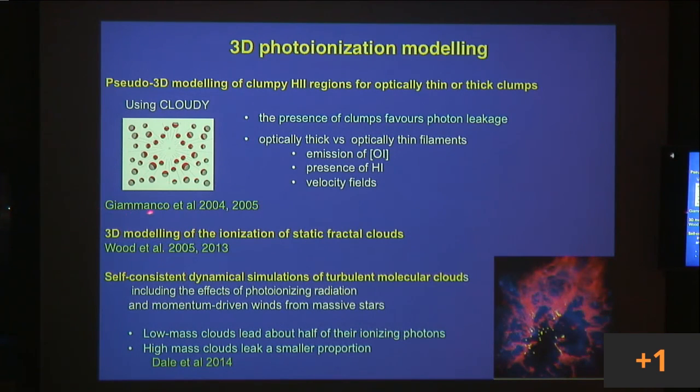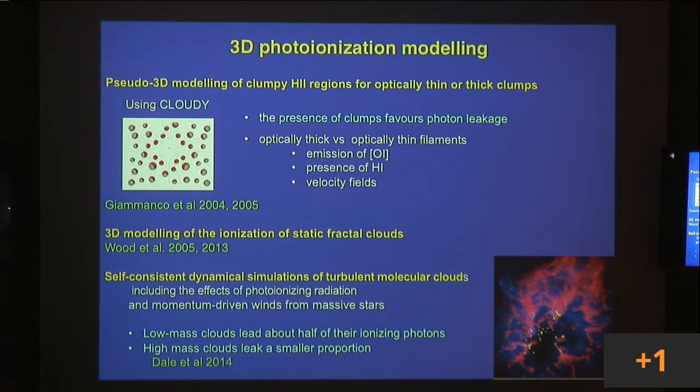So for example, there was a nice paper by Giammanco et al. using Cloudy. They considered small clumps, either optically thick or optically thin. And in that case, there is some leakage of photons. And they tried to make the difference between optically thick and optically thin filaments.